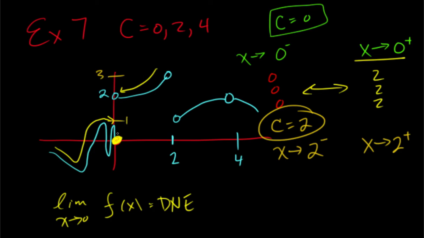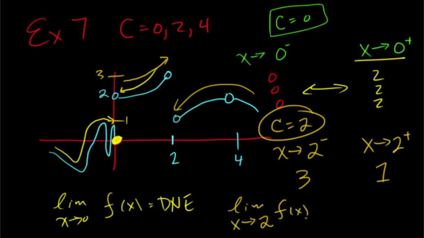We can see that as we approach it from the left side, we're approaching that value from the left. It gets kind of confusing like that, but we're going to get 3. As we approach 2 from the other direction, we get a y value of 1. Since those are not the same, we can say the limit as x approaches 2 of f of x does not exist.